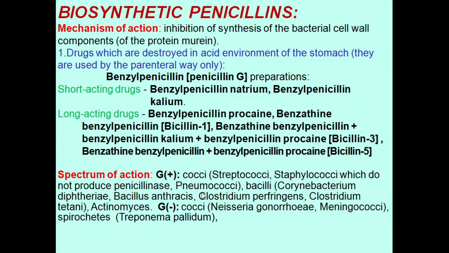It is associated, I told you, with the ability to inhibit synthesis of the bacterial cell wall components, more precisely, the protein murein. Penicillins are divided into biosynthetic and semi-synthetic. First, biosynthetic.